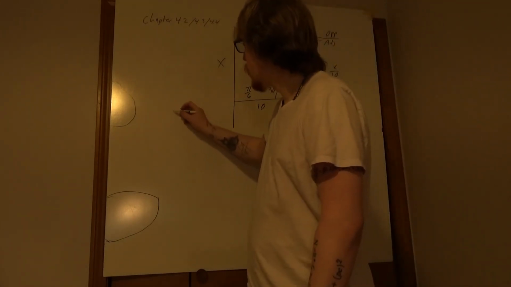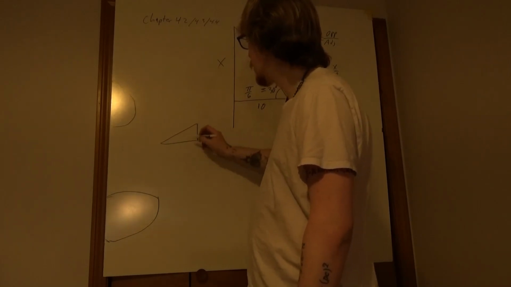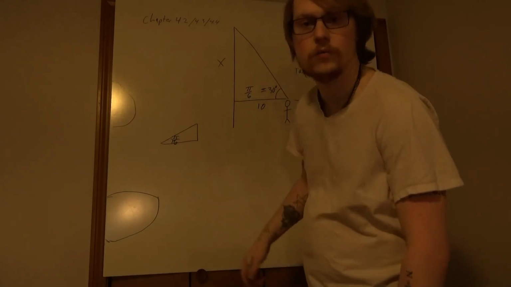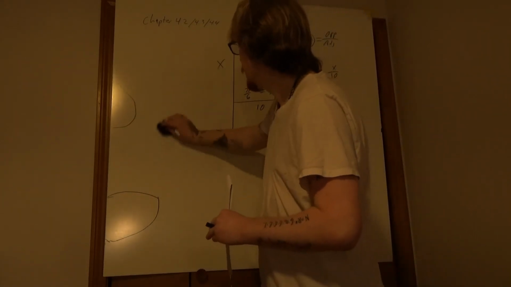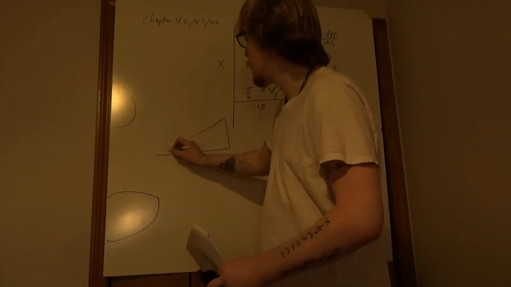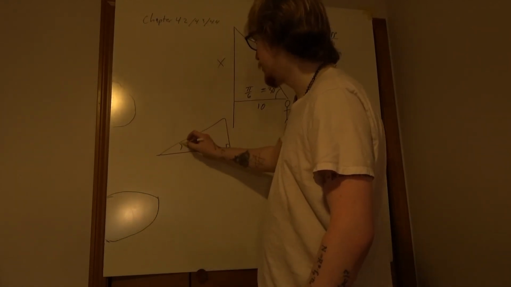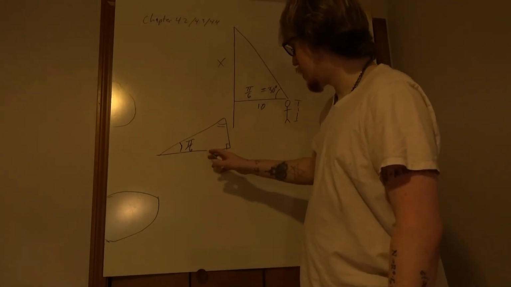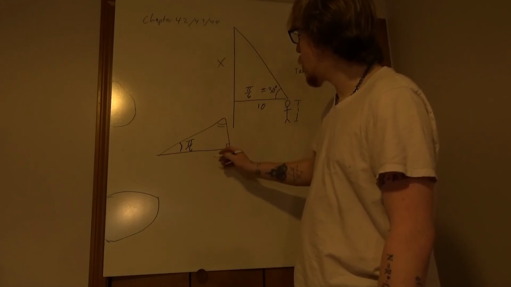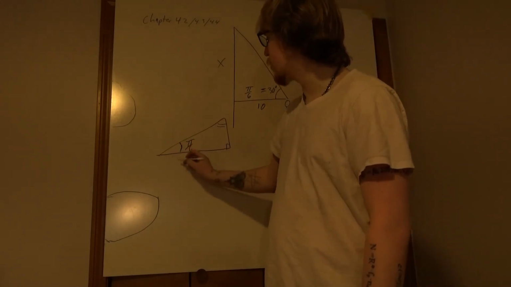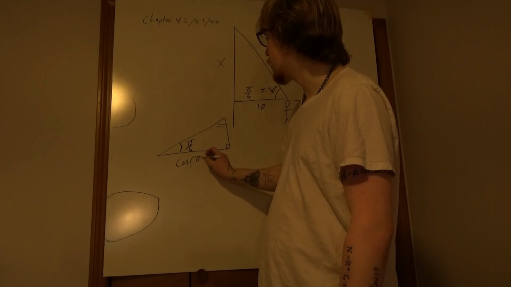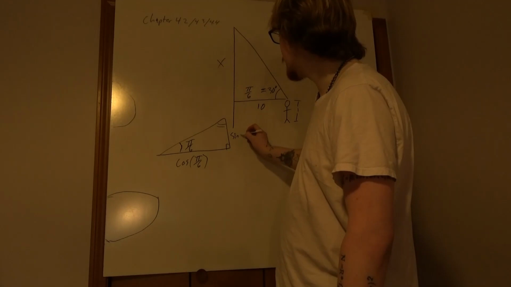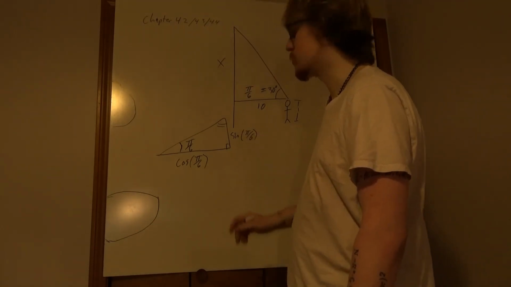So we know that for our 30, 60, 90 right triangle, we have an angle of pi over 6, and this one has to be 60. For this triangle, we know that the side length here is given by the cosine of pi over 6, and this length here is given by the sine of pi over 6.